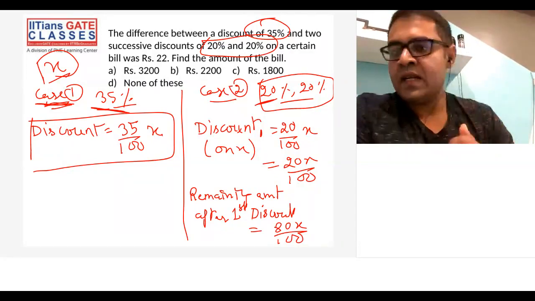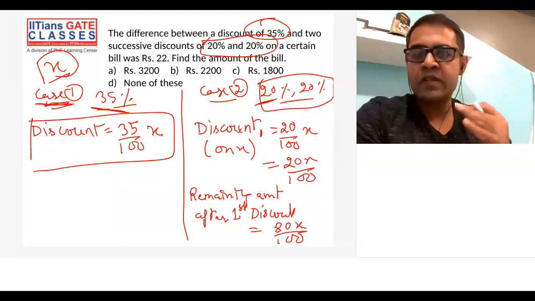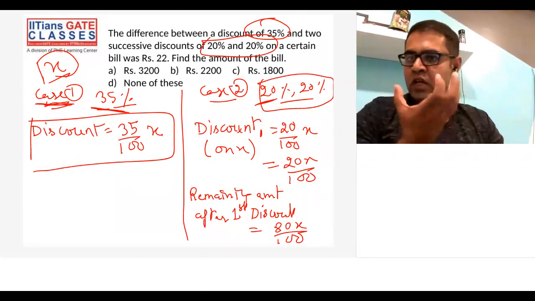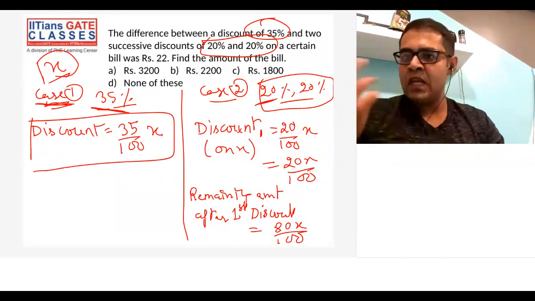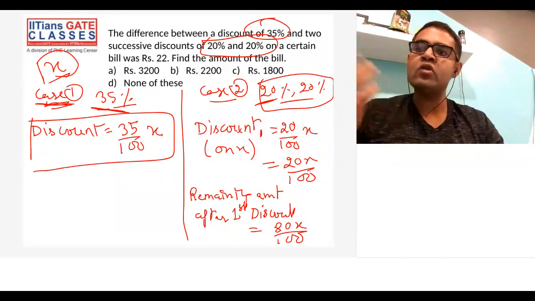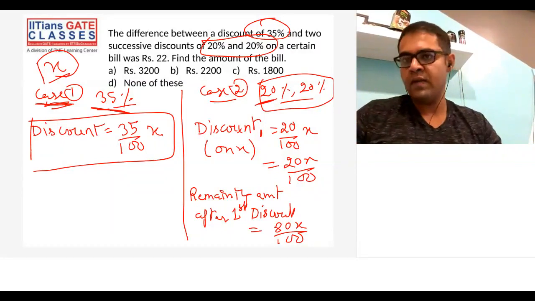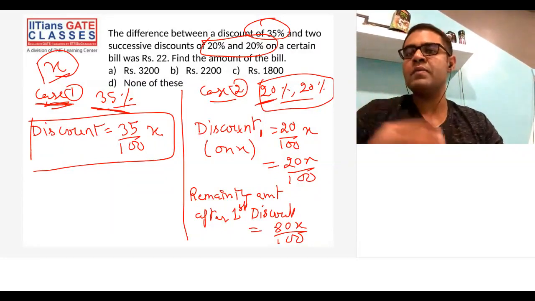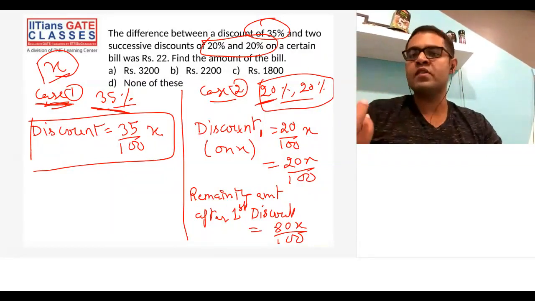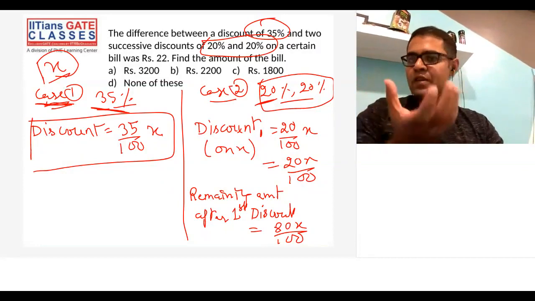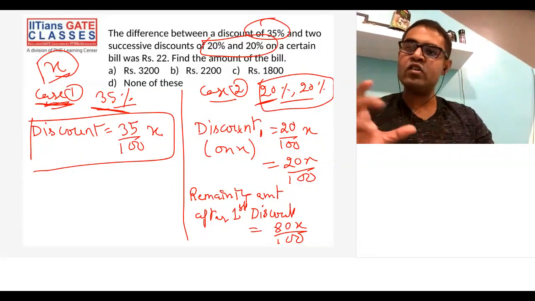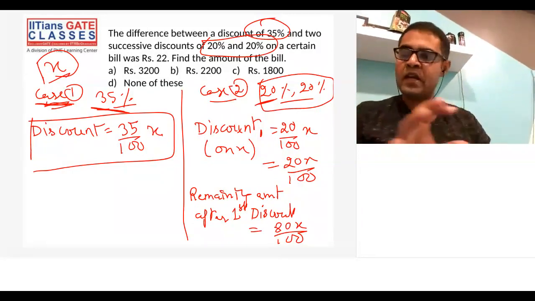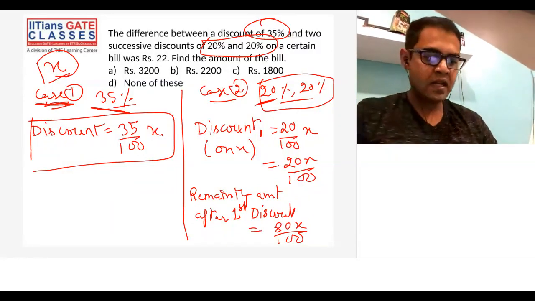Why I need that is because of how successive discounting works: first you get 20% discount on the original bill. Then on whatever remaining bill is there, you get 20% discount more. So it is not like I get 20% plus 20%, so it is not 40%. You get 20% on the original price first, and then again 20% on the remaining price. So the remaining price after the first discount is 80x by 100.